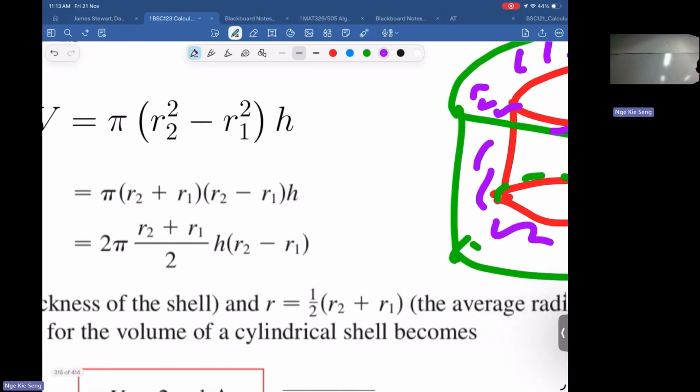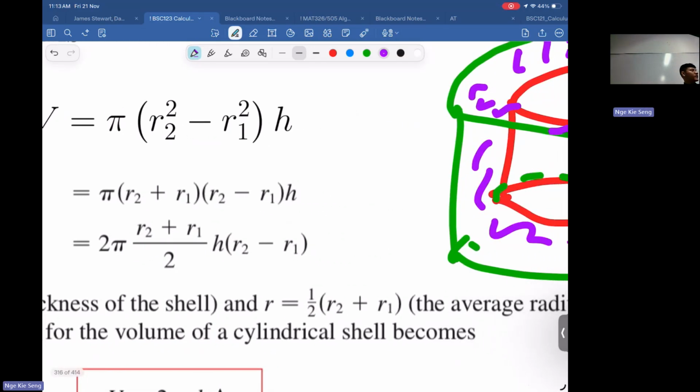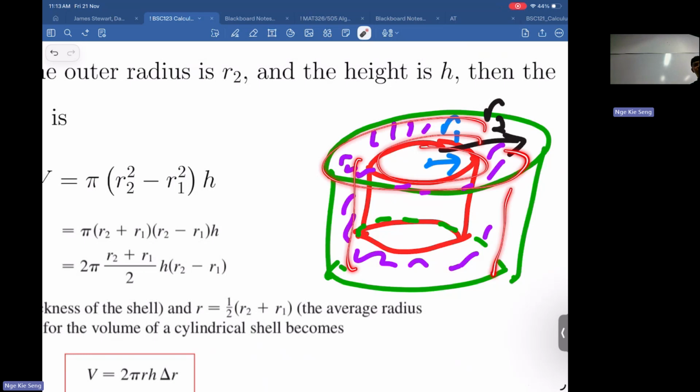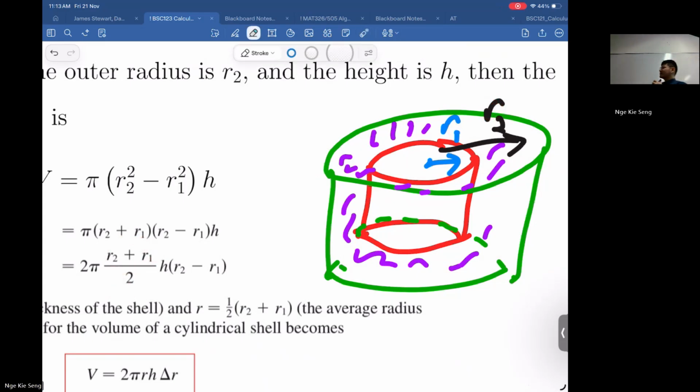If R2 gets really close to R1, I urge you to keep this picture in your mind, the cylindrical shell. If R2 gets really close to R1, what happens to (R2 plus R1) over 2? Maybe you can think of R2 getting close to R1 or R1 getting close to R2.